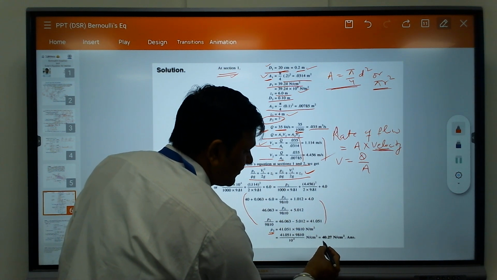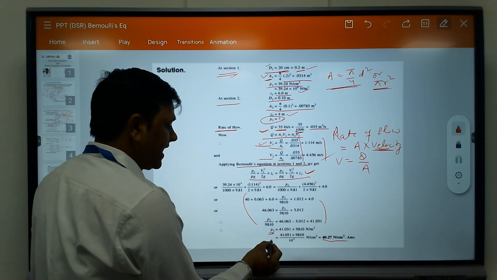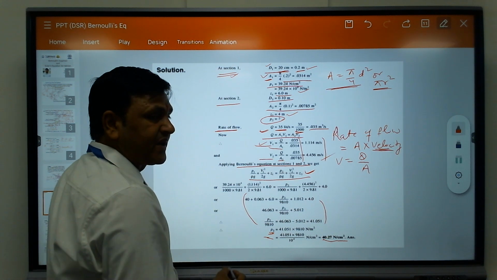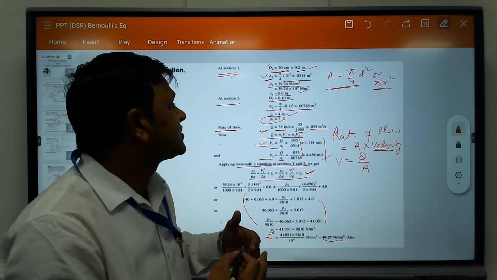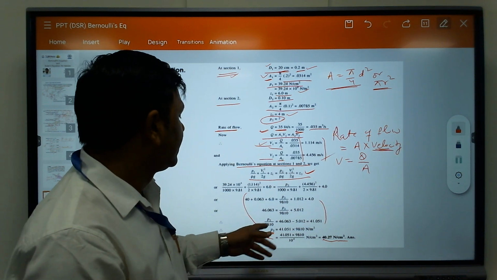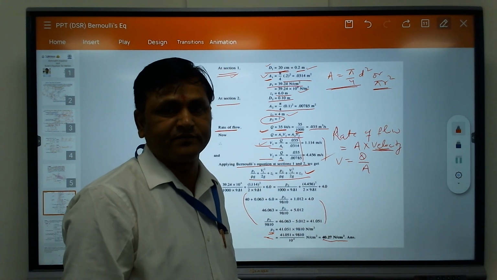P2 is 40.27 Newton per centimeter square. This is the pressure at section 2, which in this numerical we had to find, the intensity of pressure at section 2.